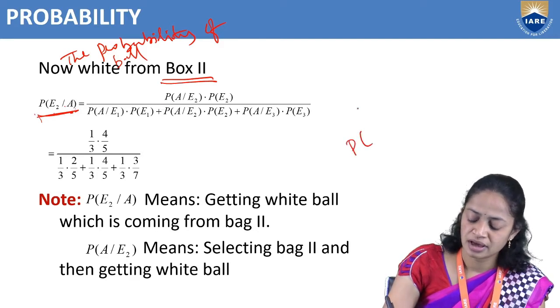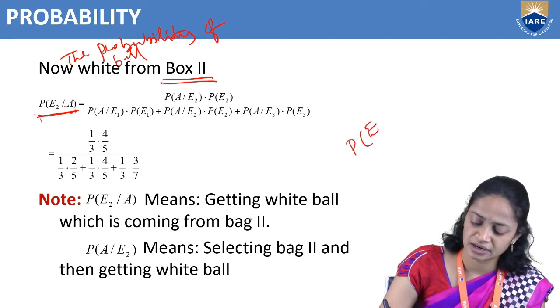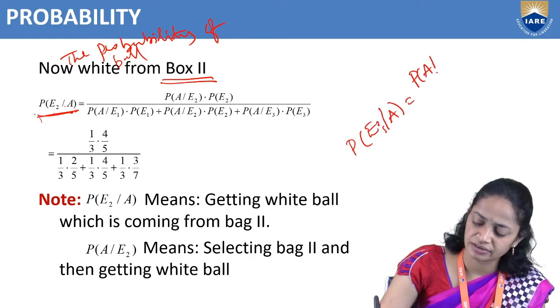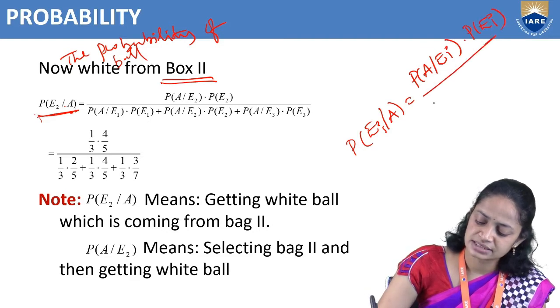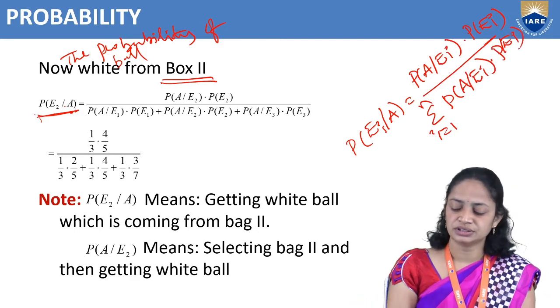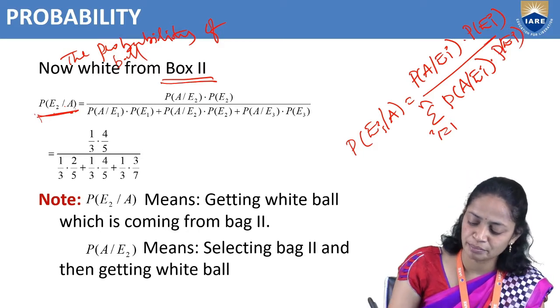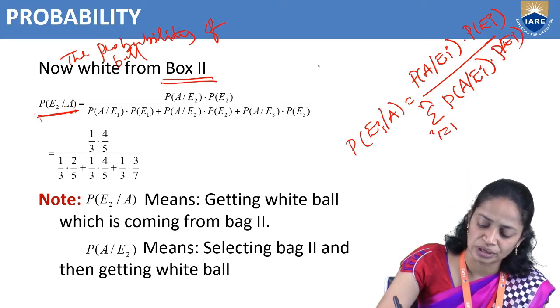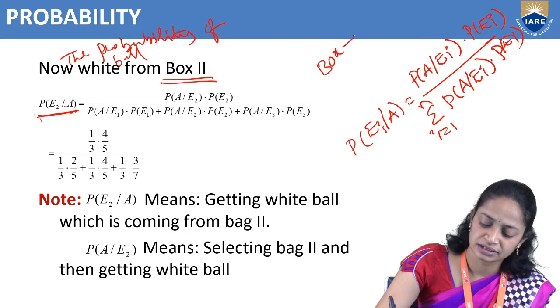What is our Bayes theorem formula? P of EI divides A equals P of A divides EI into P of EI, divided by the summation I equal to 1 to n of P of A divides EI into P of EI. Here, how many boxes are there? We have only 3 boxes: box 1, box 2, box 3.